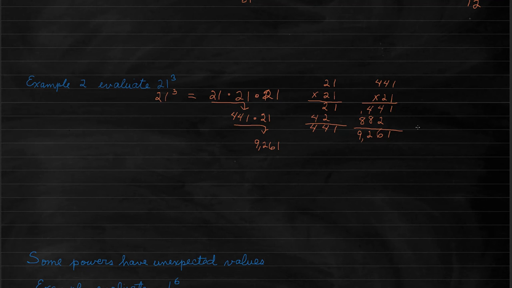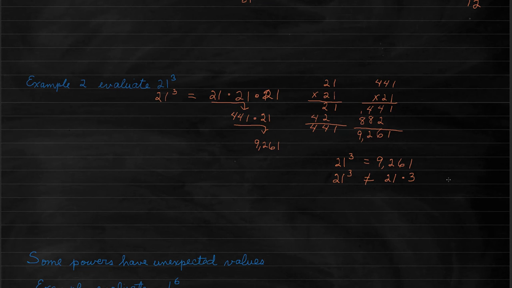So now we can say that 21 raised to the third power has a value of 9,261. That's the value of the power. Okay, so again, let me say this again. 21 raised to the third power is not 21 times 3. 21 times 3 is a very different animal.